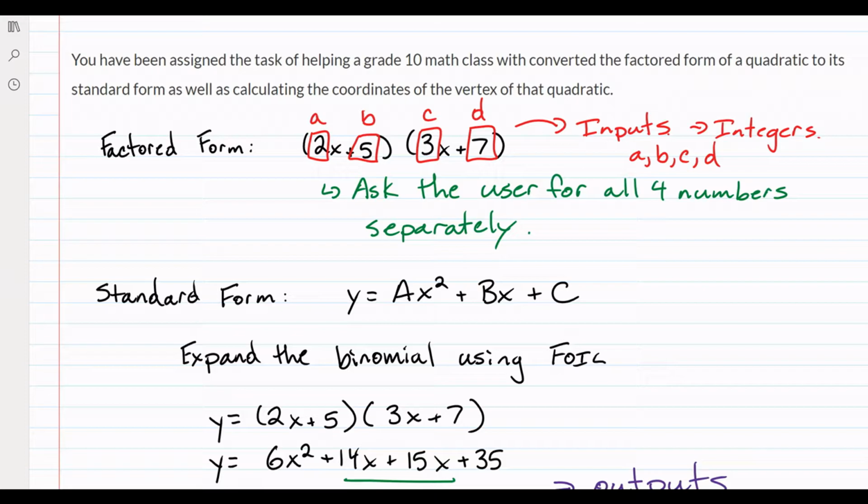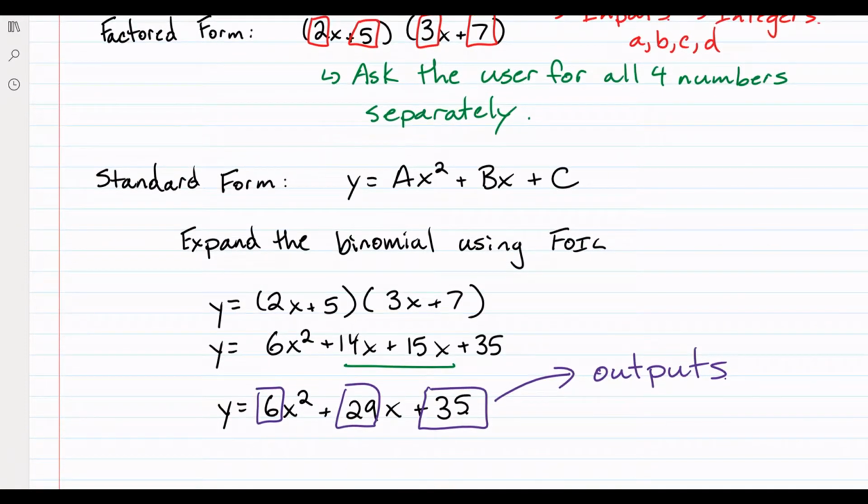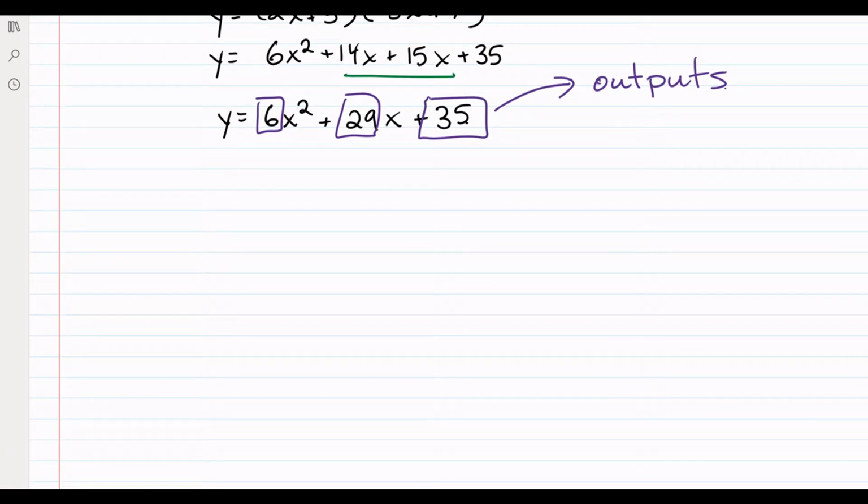If I'm trying to figure this out using the computer, I know the process I did in my head. Why don't we do the same process with variables? Then we could come up with a formula for what number goes in front of the x², what number goes in front of the x, and what the constant term is. This is your processing.